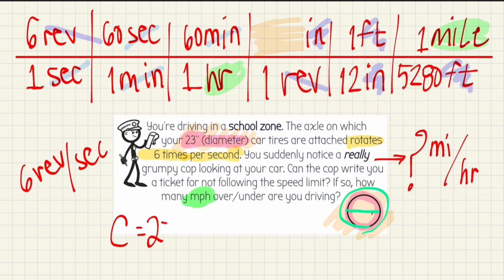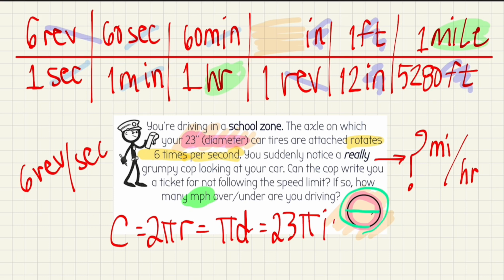Circumference, which is 2 pi r, or pi d, will equal 23 pi inches. So that outer part of the tire, when it rolls, is equal to 1 revolution. That's the distance the tire will travel, whatever 23 times pi is, 23 times 3.14. So something like 70-ish inches in 1 revolution. The car will move 70 inches.